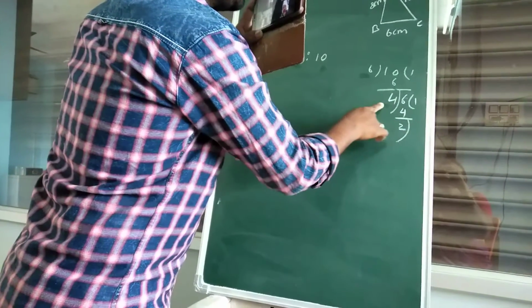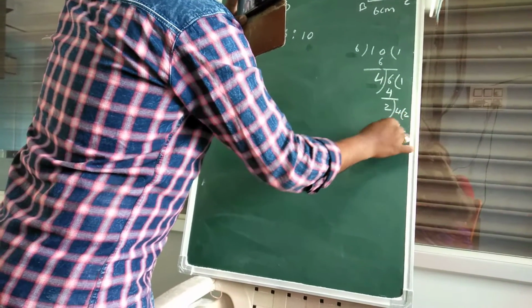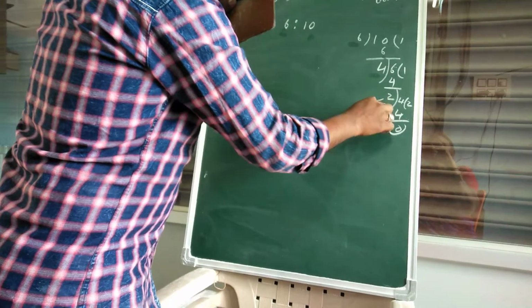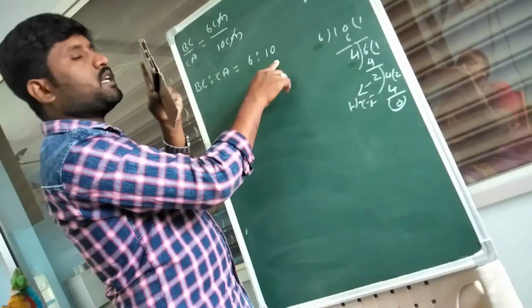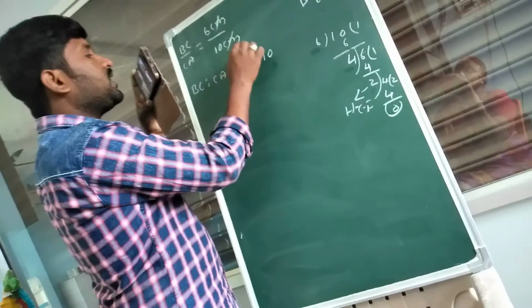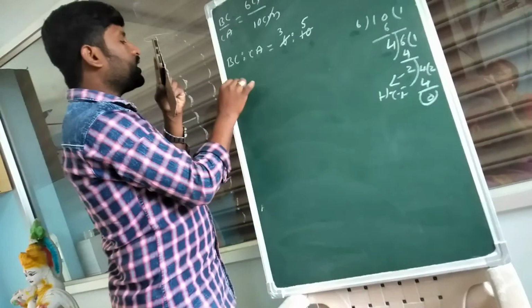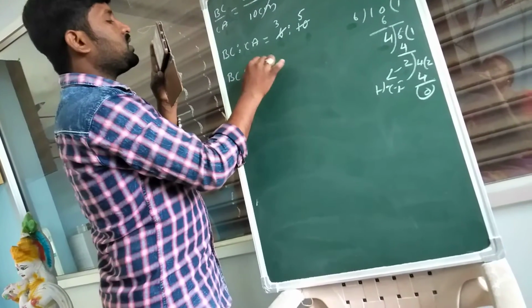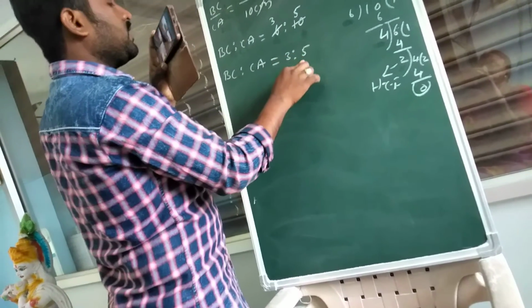Again the divisor 4 acts as a dividend. 2 2s are 4. Then what is the last divisor? Last divisor is 2. That's why we divide 6 and 10 with 2. Cancel. 2 3s are 6, 2 5s are 10. So we can write BC is to CA is equals to 3 is to 5.